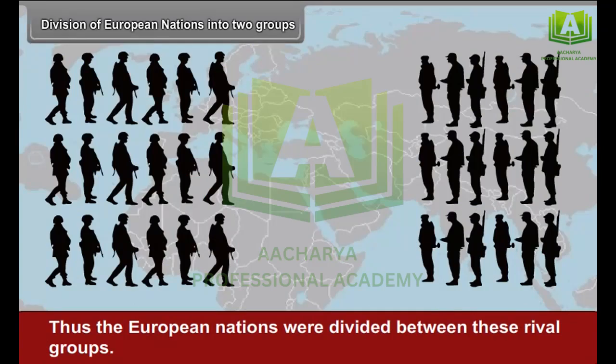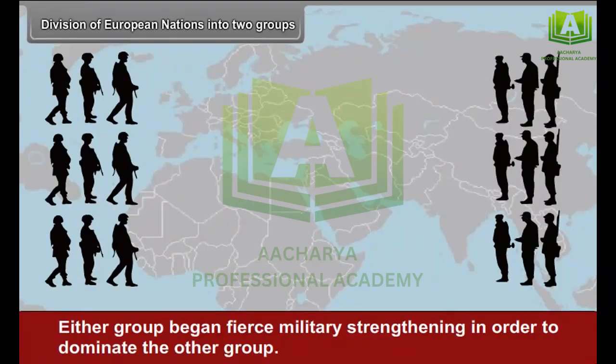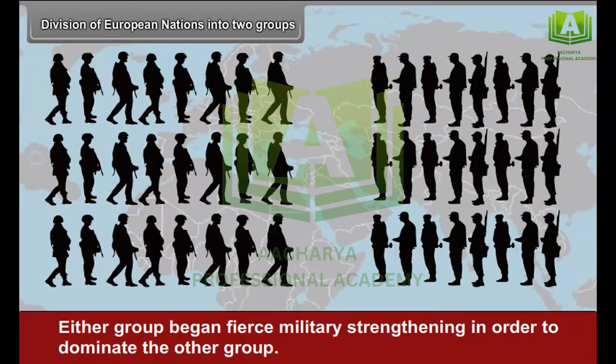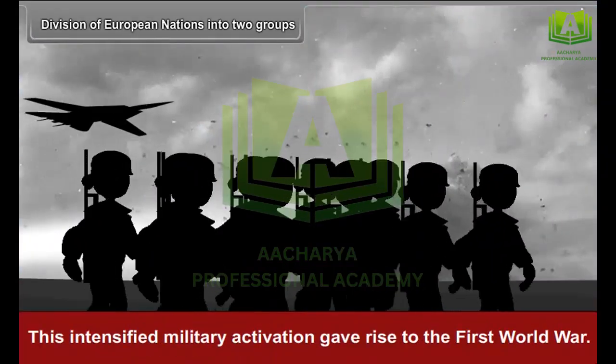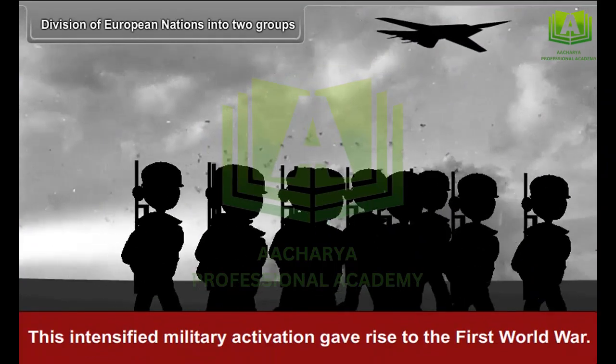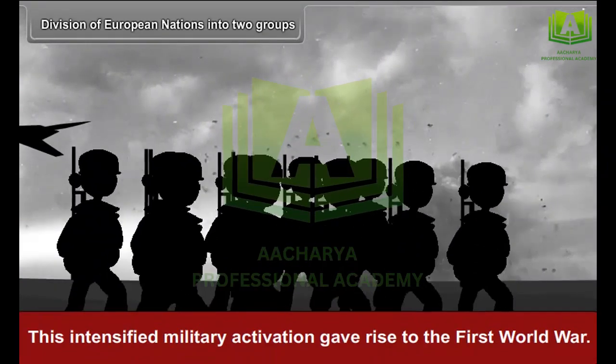Thus, the European nations were divided between these rival groups. Either group began fierce military strengthening in order to dominate the other group. This intensified military activation gave rise to the First World War.